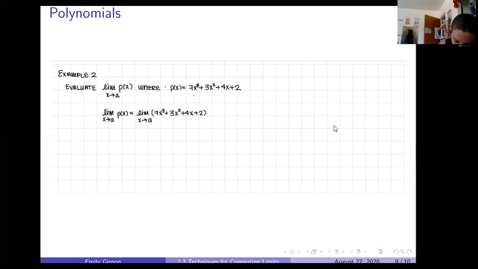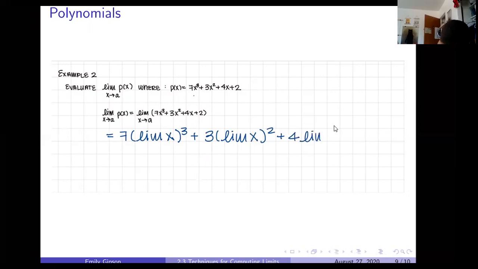I'm going to skip a few steps, but the limit is going to be 7 times the limit of x cubed plus 3 times the limit of x squared plus 4 times the limit of x plus 2.